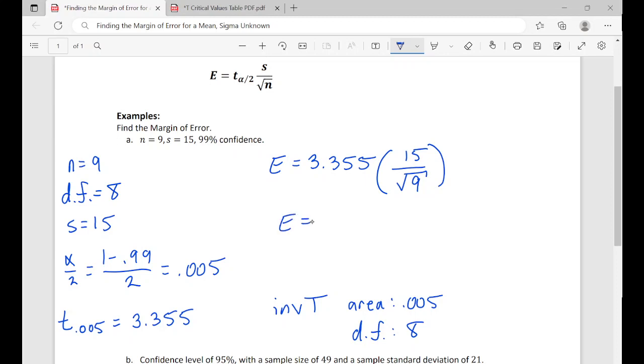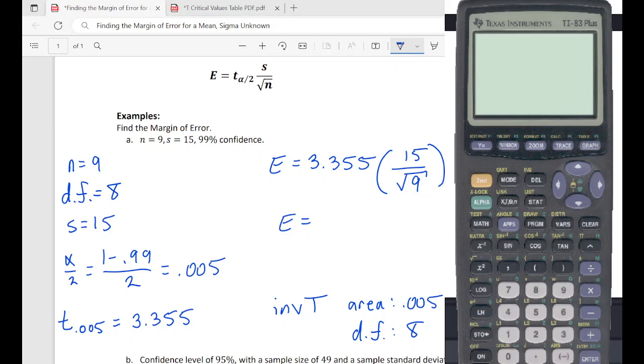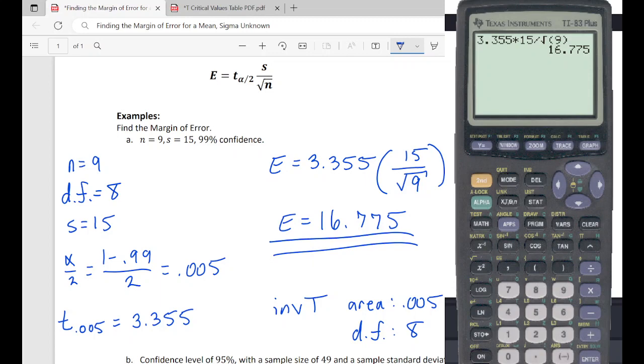Using our calculator to help us do the work, 3.355 times 15 divided by the square root of 9. Just hit enter, and we're going to get 16.775. So our margin of error here is 16.775 for this information.